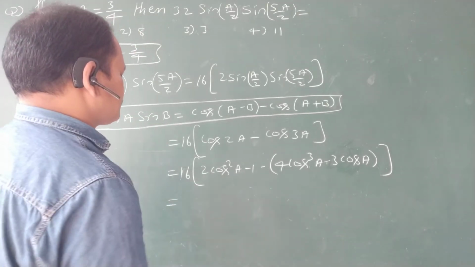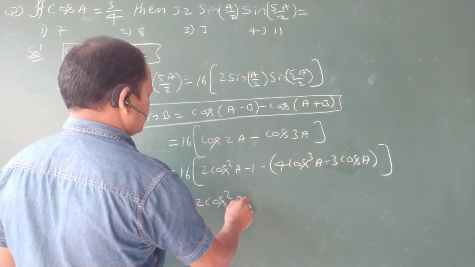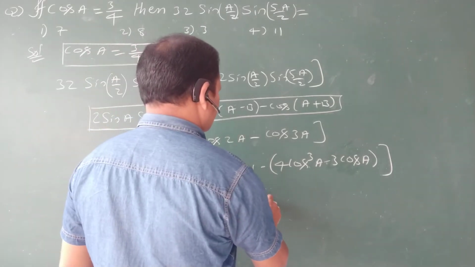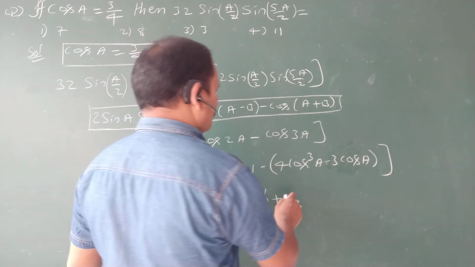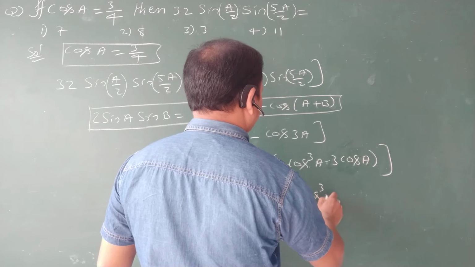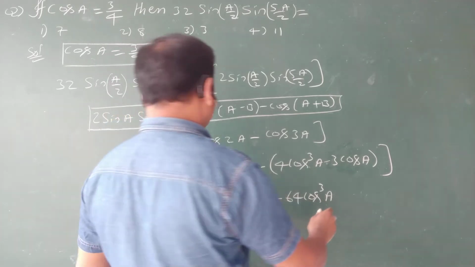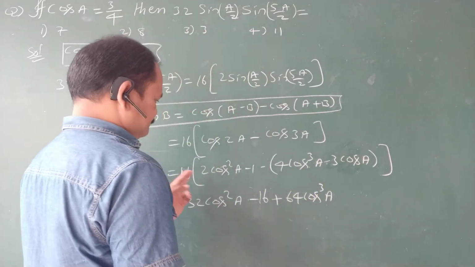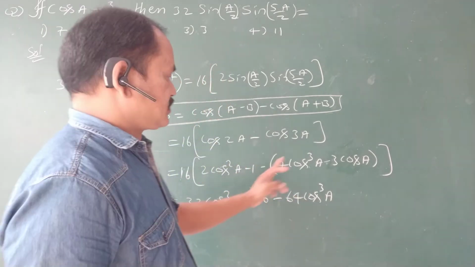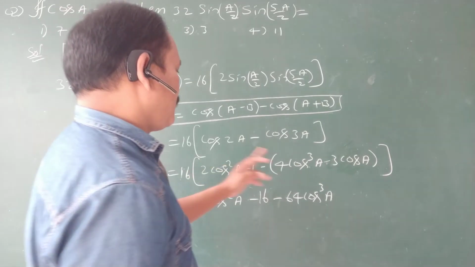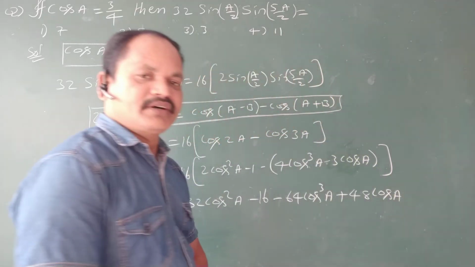Now simplify this. 16 times of 2 cos square A minus 1 gives 32 cos square A minus 16, and minus into minus gives plus 64 cos cube A, and minus 48 cos A: 16 into 3 is 48, so the term becomes minus 48 cos A. Have you clear here?